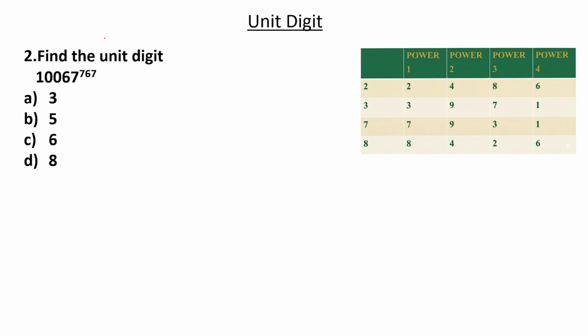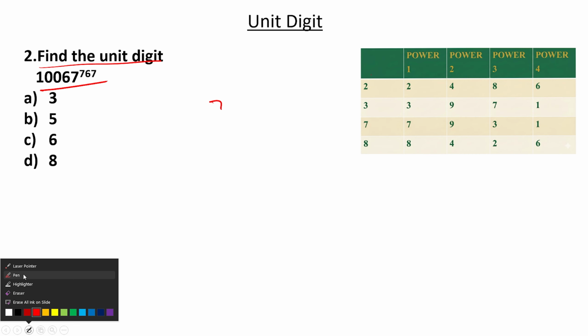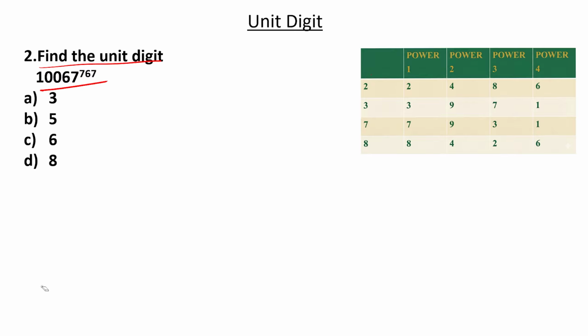Okay, this is also the same as before. Sorry, let me use the eraser again. Okay, let me use the pen. 767 divided by 4. 4 ones are 4, 4 3s are 12, 4 9s are 36, plus 7.